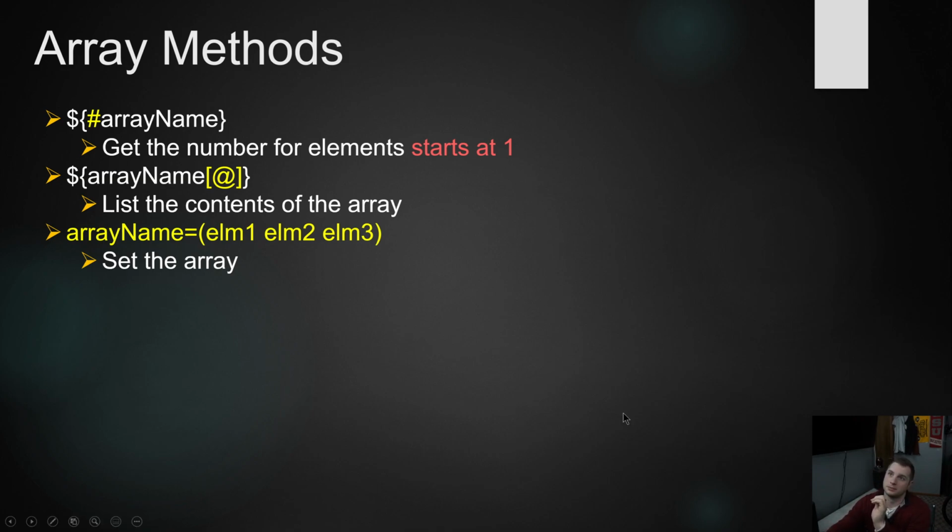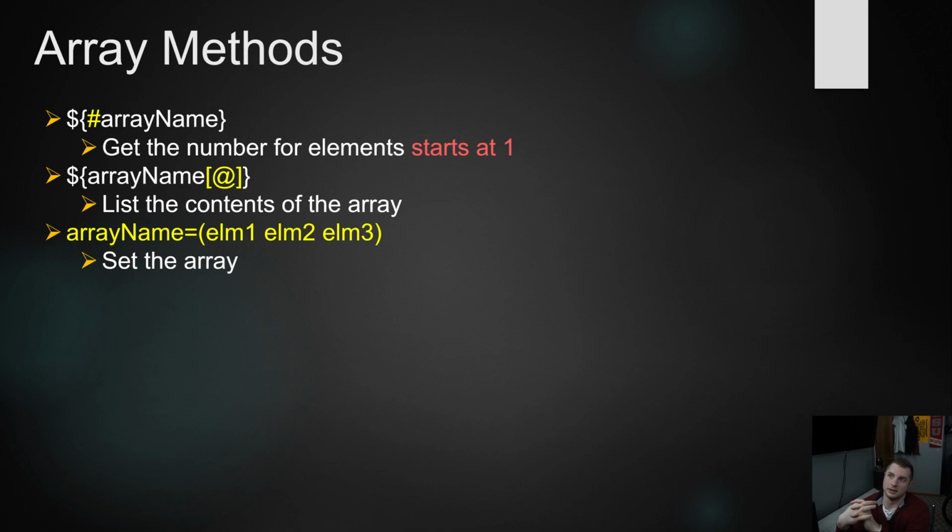Okay, array methods. So right here, get the number of elements of arrays. Now for Bash, this starts at 1. Every other programming language in the world, it starts at 0. Now with that said, the property of, say, length in C# or JavaScript is going to start at 1. So this is a very similar function to that property of .length in other programming languages.